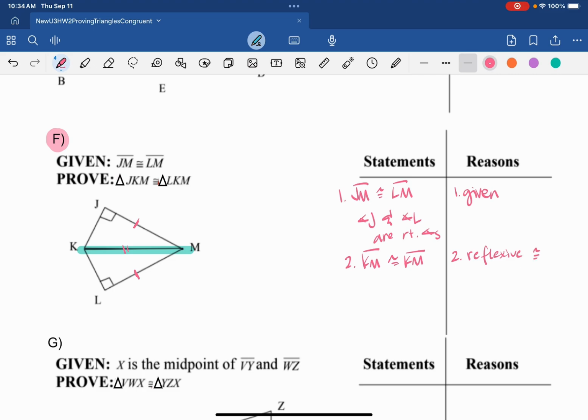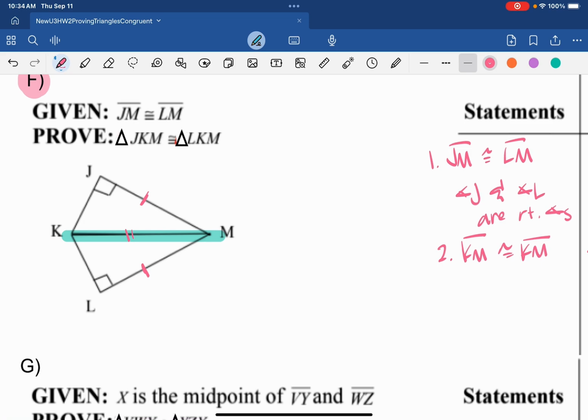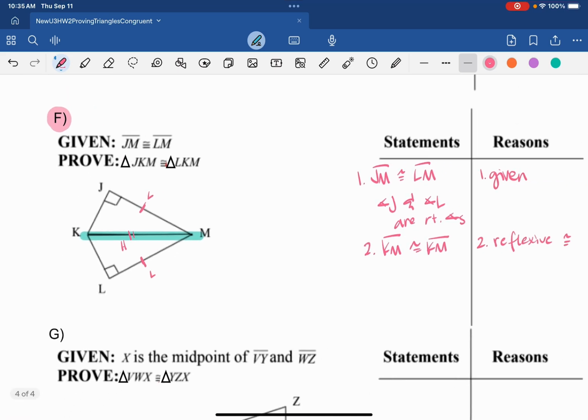Now, when I look at my triangles, I have the blue line here is the hypotenuse set, and these guys are the legs. So remember, if I want to use hypotenuse leg, I have to say that I have right triangles. So I'm going to say on step 3, triangle JKM and triangle LKM are right triangles, and that's just our definition of a right triangle.